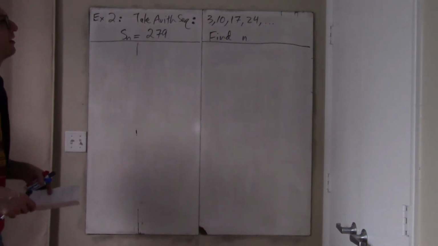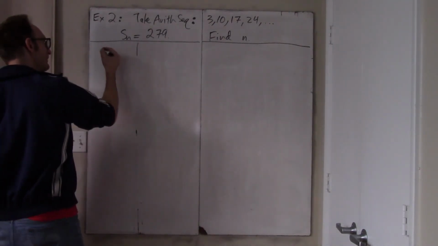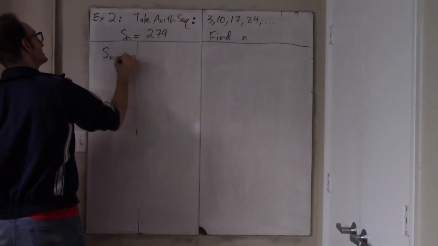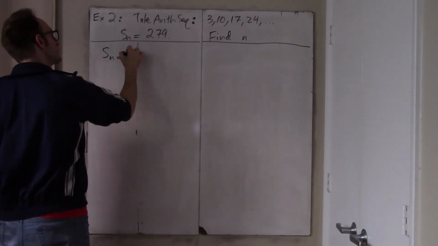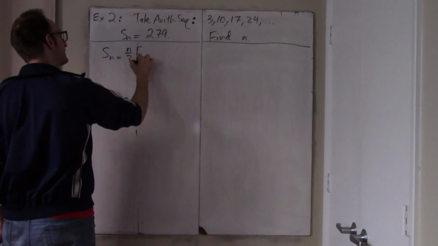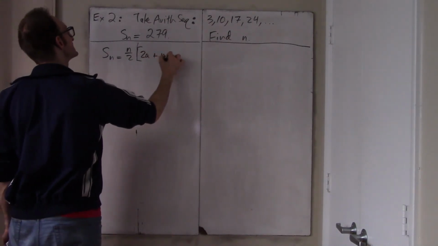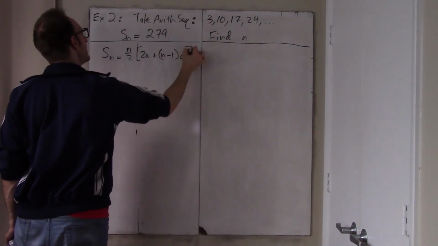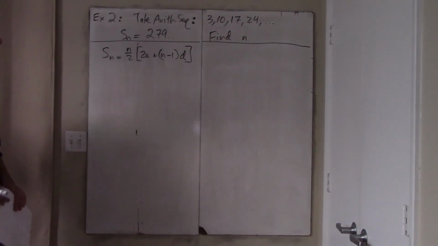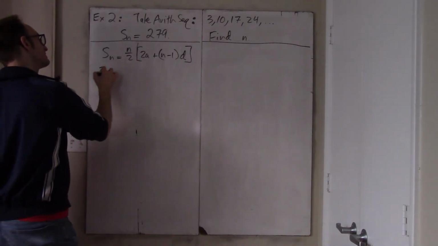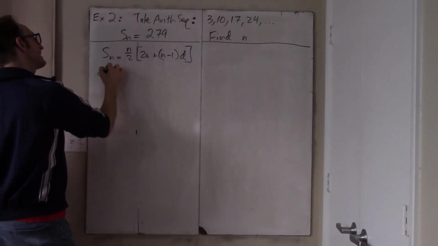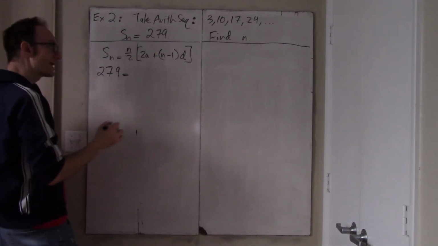All right. Well, here's where it's really nice to just know that formula, man. And I do know it. The sum of the first n terms is n over 2 times (2a plus (n minus 1)d). Let's go. What have I been told? I've been told that 279 is the sum of the first n terms, but I don't know what n is.